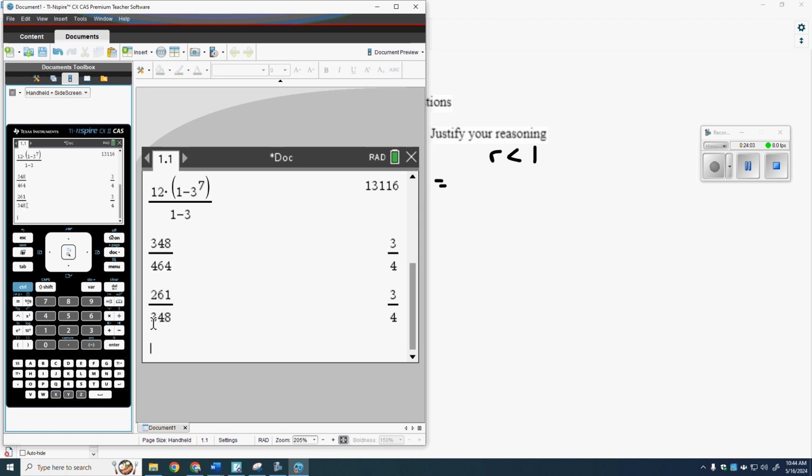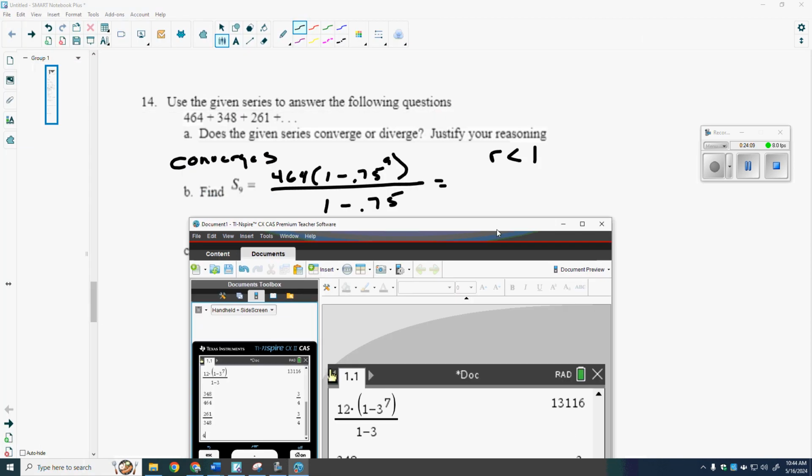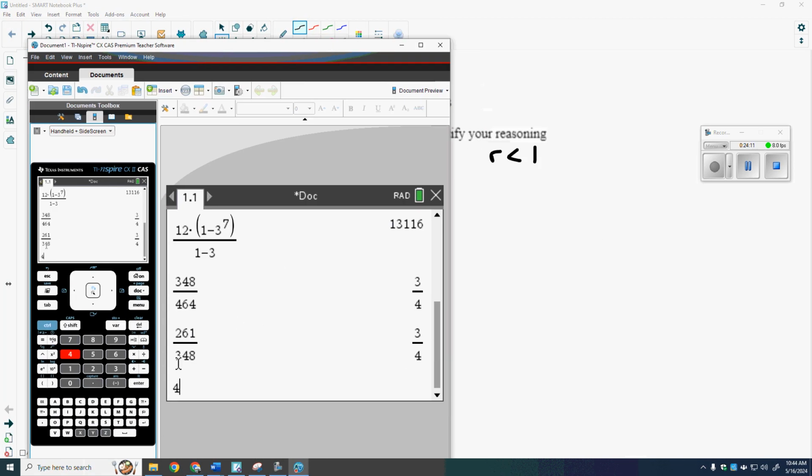Sorry, I was getting my right numbers. All right, so we got 464, parentheses, 1 minus 0.75 raised to the 9th power.